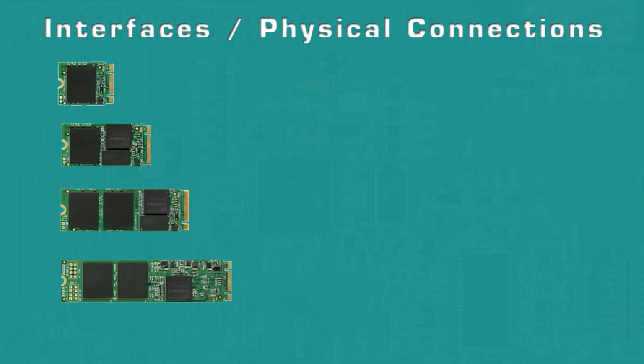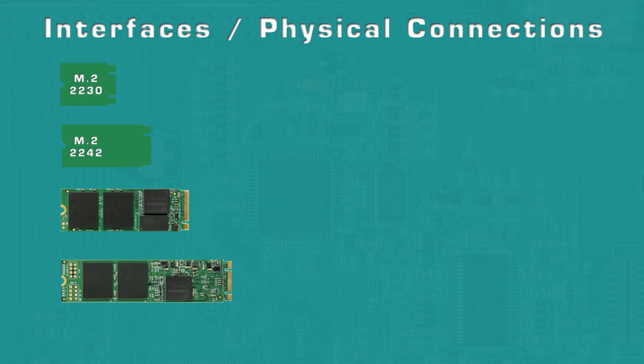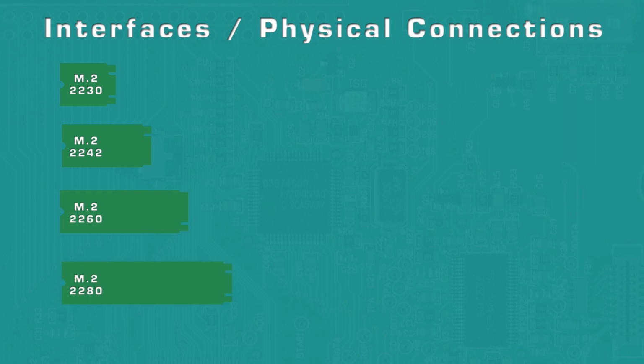M.2 drives presently come in 3 tiers: SATA, PCI Express 2, and PCI Express 4. If we look at the M.2 SSD, the most common format sizes are 2230, 2242, 2260, and 2280. There are others like the 22110, but it is not at all common. To understand these numbers, the first two are the width, and the second two or three numbers are the length in millimeters.